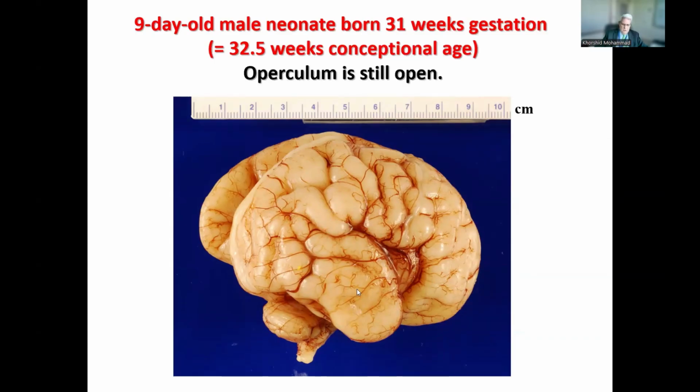The temporal lobe is well formed, and you can see the temporal tip here that used to be in the most posterior part of the hemisphere. And you can see that the operculum is still quite open at this age at 32 and a half weeks. And you can easily visualize the insula, which you see in the depth of the operculum.